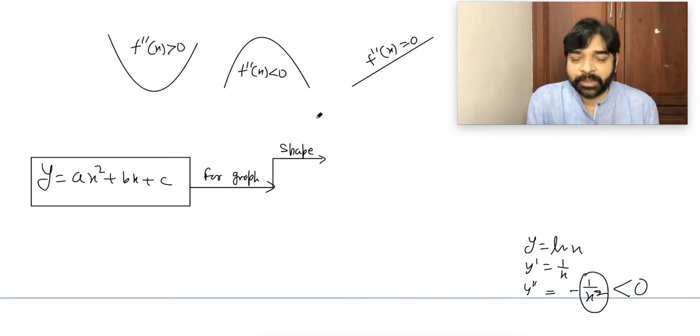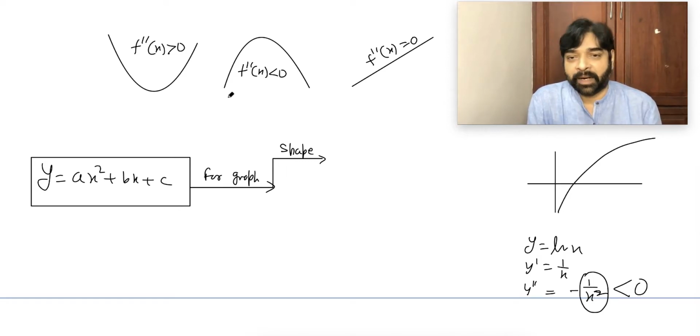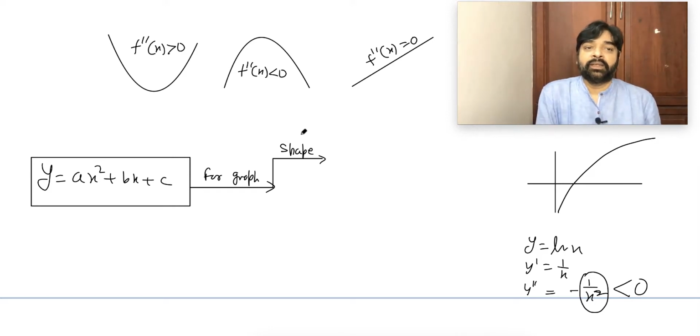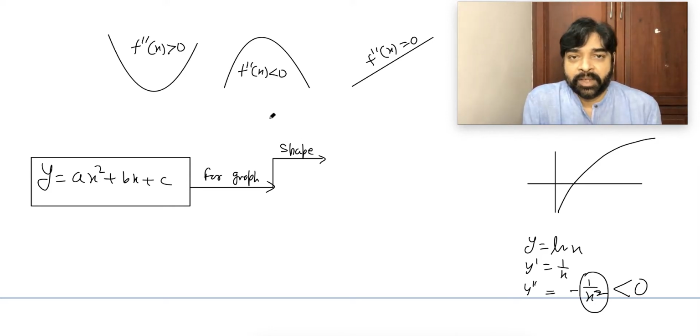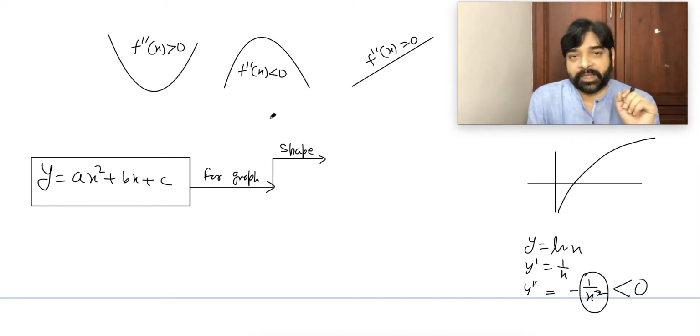The shape of ln x will be this. Let's see, the ln x graph we know how to draw. It's not a big deal. The ln x graph goes this way. See, this is a part of it. I'm not saying the complete portion will come, this part will come. So the double derivative will tell you exactly what shape there will be.